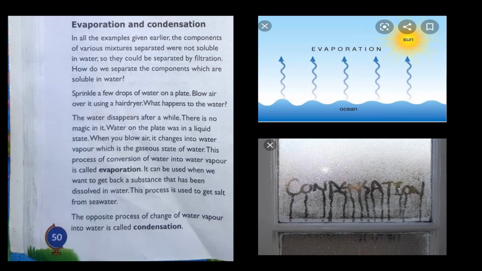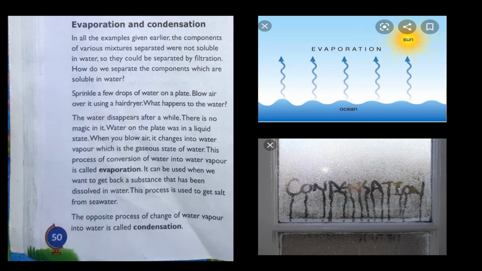And because of the air, after a while, the water disappears. Do you think it is magic? No, there is no magic in it. When you blow air, it changes into water vapor, which is the gaseous state of water. It just changed its state, nothing else happened.